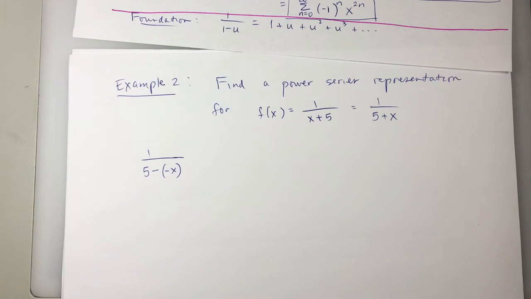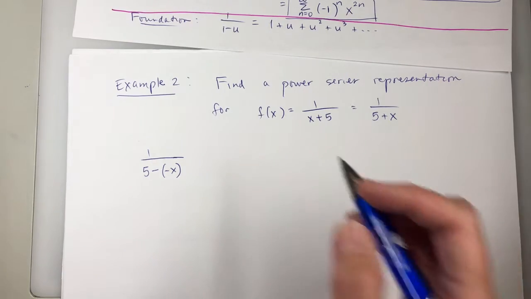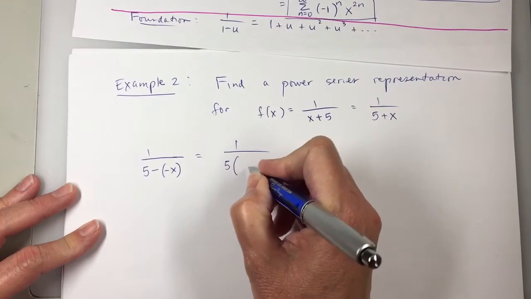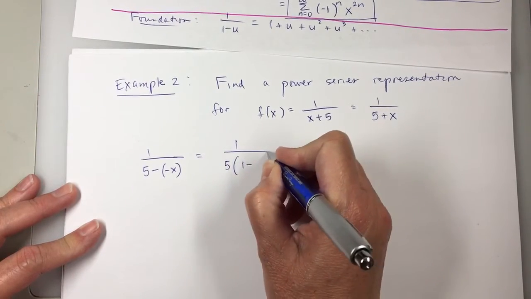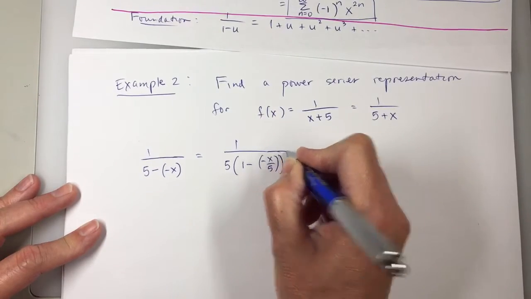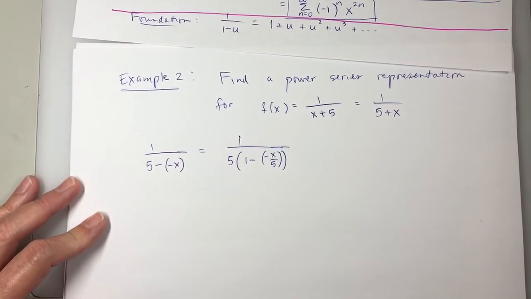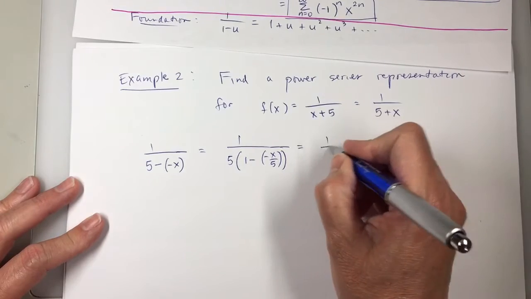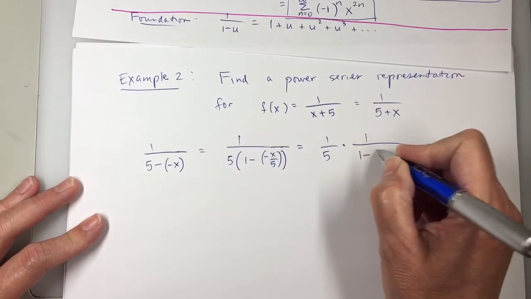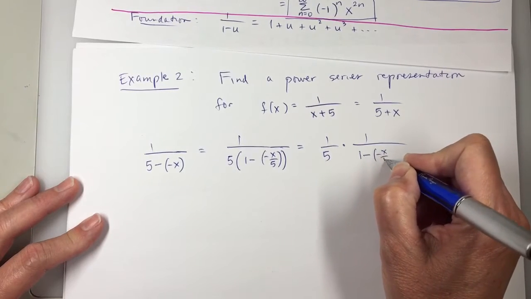I'm going to have to factor out a 5 in the denominator. So if I do that, that's 1 over 5 times 1 minus negative x over 5. And then that's 1/5 times 1 over 1 minus negative x over 5.